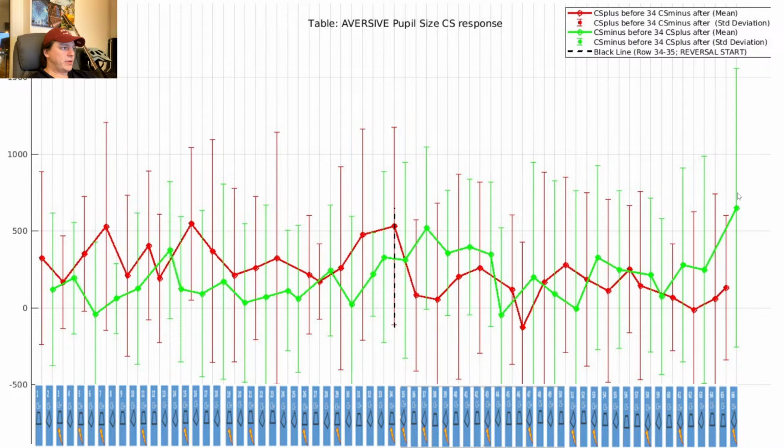Then the green becomes higher, and for the red line we can see what we can call extinction, because this is actually the extinction of the previous CS plus, which has now become CS minus. And there is the conditioning for the reversed symbol.